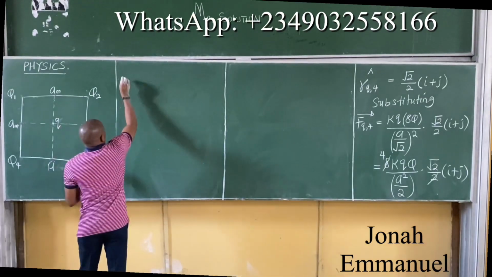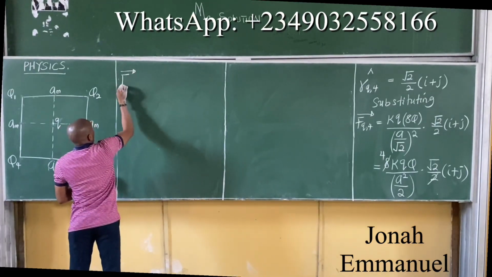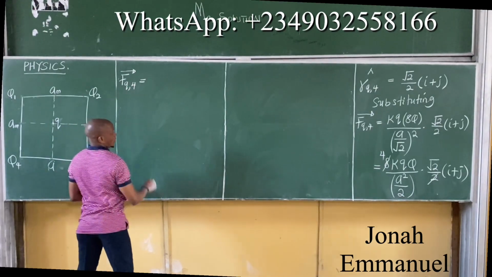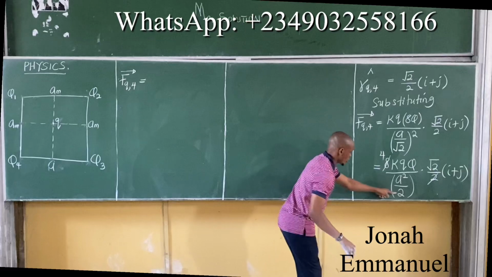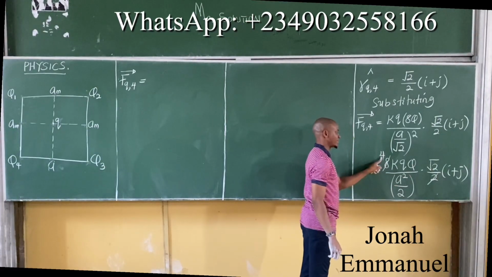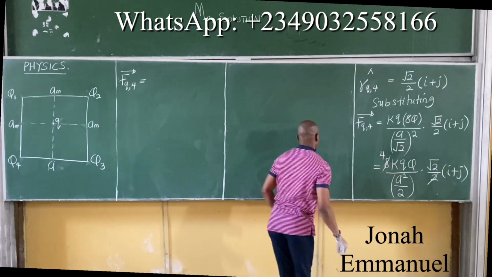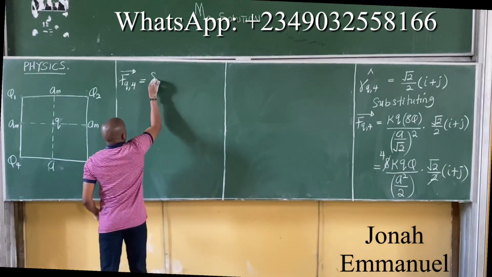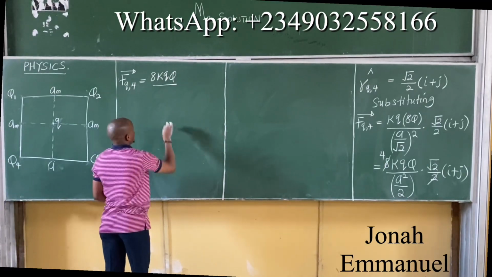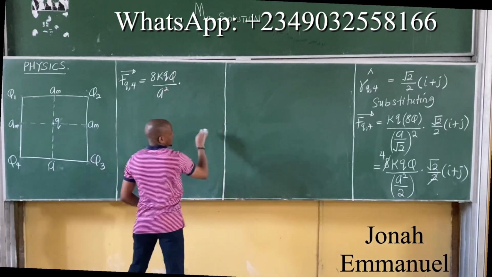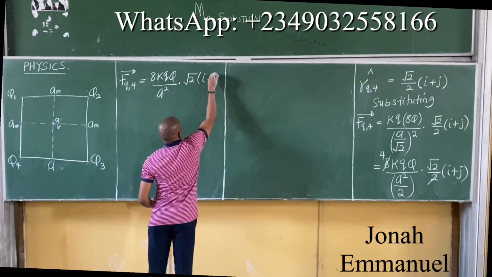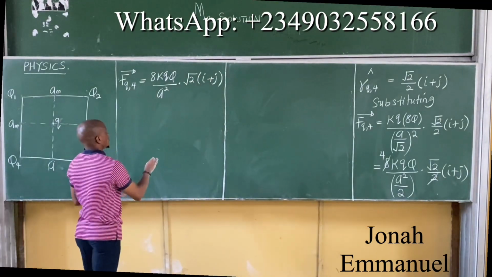So from here, FQ4 is equal to, we said, this one comes here, becomes 2 times all of this. 2 times 4 is 8. So 8KQQ all over A squared dot root 2 into I plus J. Do your switching.